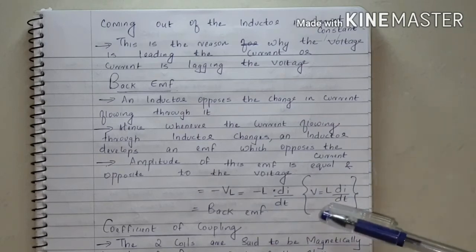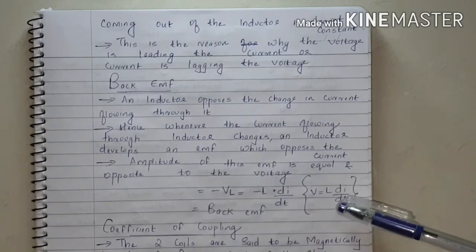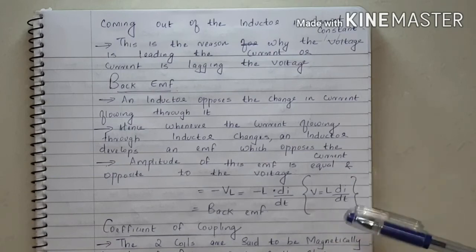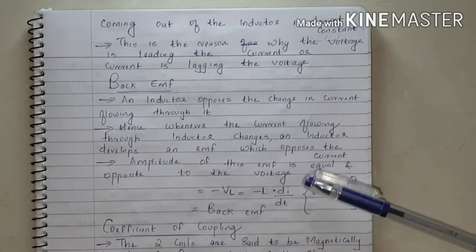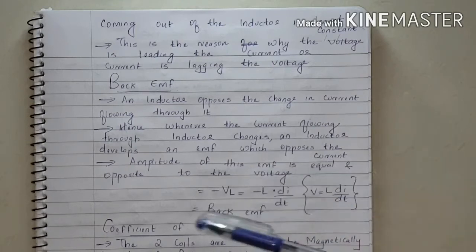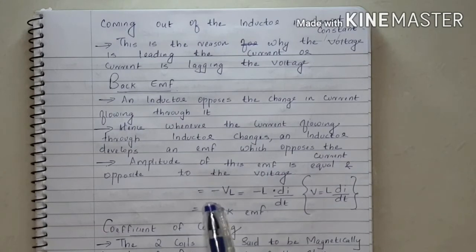We know that the voltage equation in terms of di by dt is V equal to L di by dt. So the amplitude of this EMF is equal and opposite to this voltage, meaning minus VL, which is equal to minus L into di by dt, which is known as back EMF.